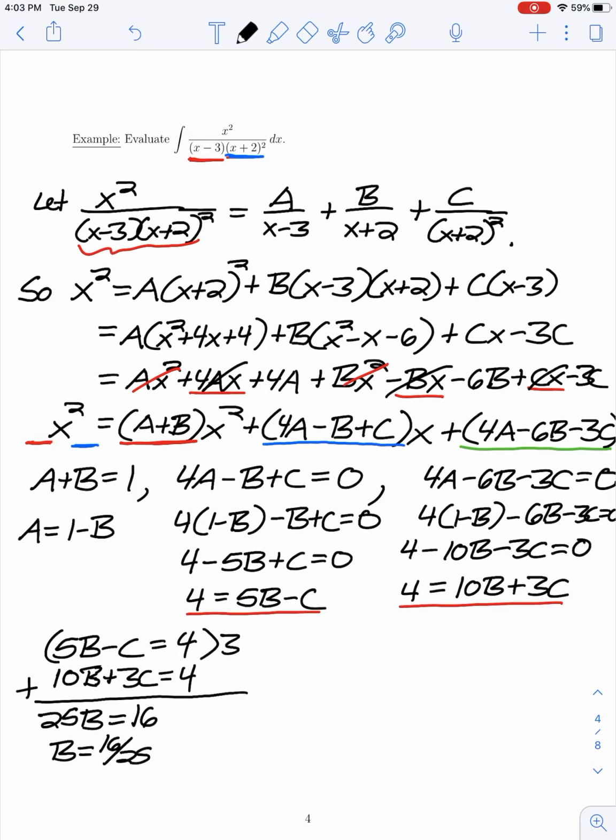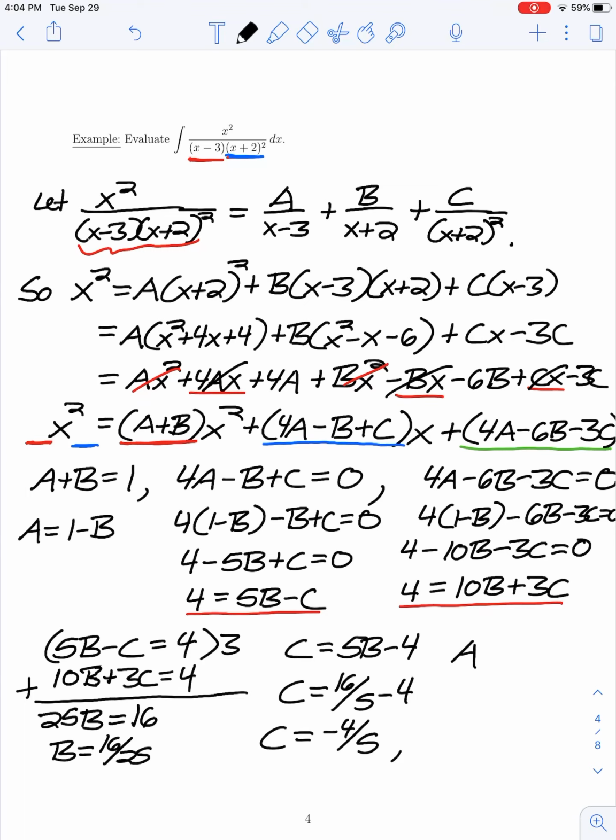Now once I have b, I could substitute b back into one of my previous equations to solve for c. So maybe using the second equation, I have c is equal to 5b minus 4. Now 5 times b would be 16 over 5, minus 4. So 16/5 minus 20/5 would leave me a negative 4/5.